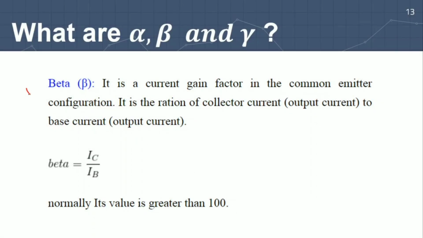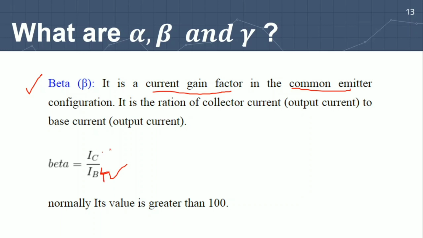Next is beta. Beta is also a current gain factor, which you calculate in common emitter configuration. The value of beta is equal to IC by IB. IB will be the input current and IC will be the output current.